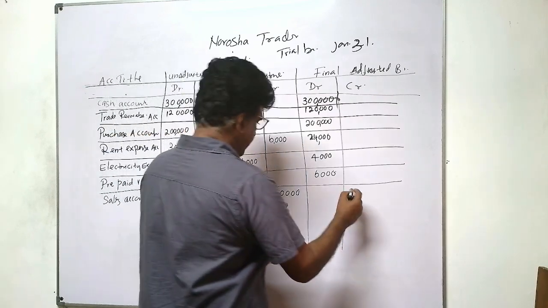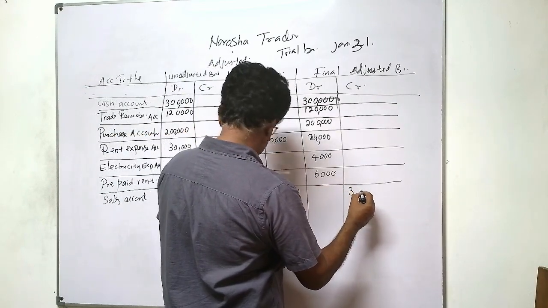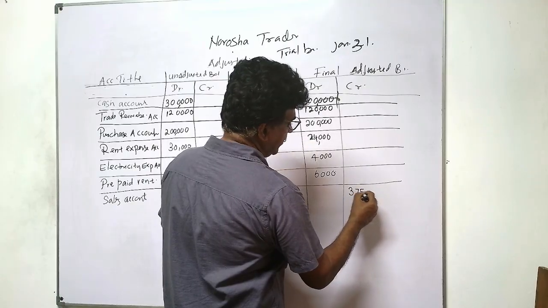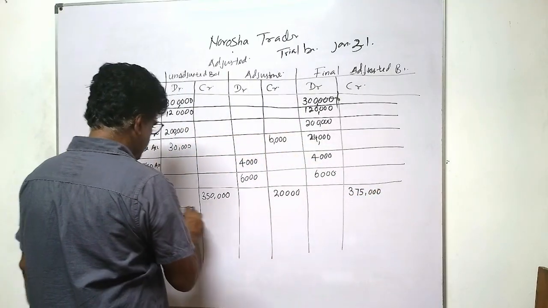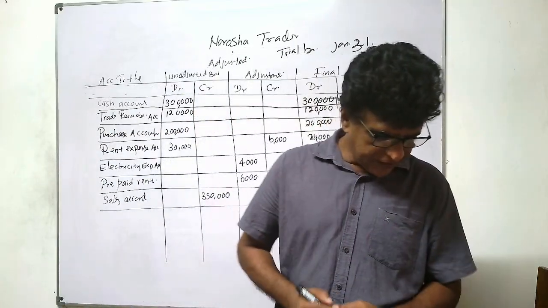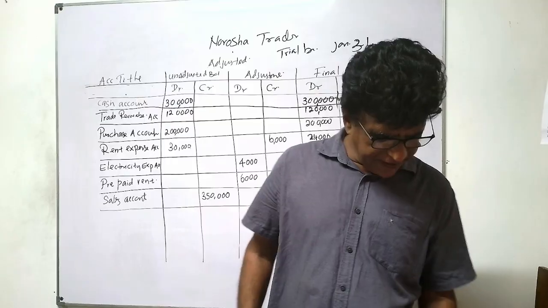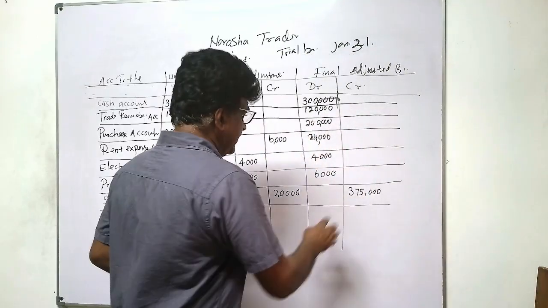Finally, we are getting the credit balance of 370,000.